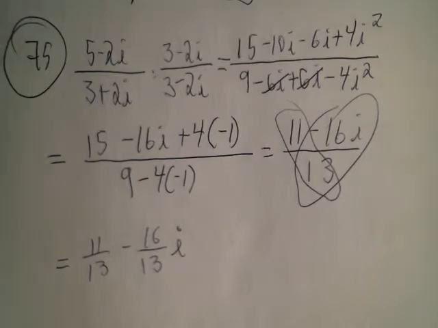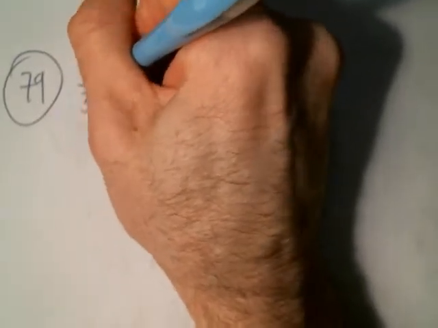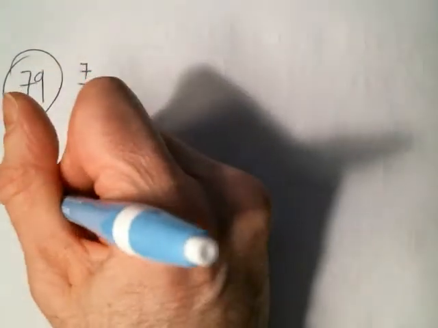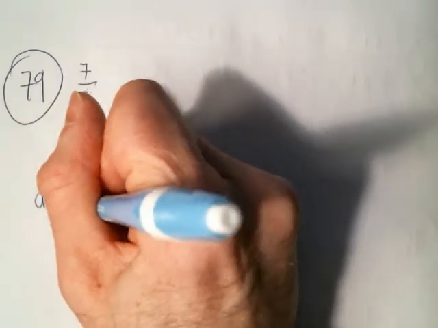Okay, one weird one. Number 79. I have 7 over 3i. Okay, and I need to do the division. So what the heck is the conjugate of 3i? Well, it turns out it's negative 3i. So remember, all complex numbers have the form a plus bi.